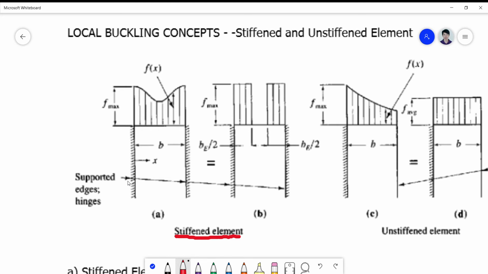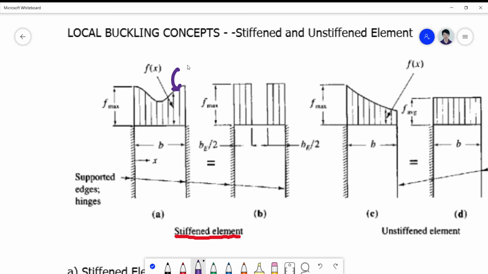Assuming that these are supported on the edges by either hinge or fixed support, there will arise a symmetric but non-uniform distribution of stresses.